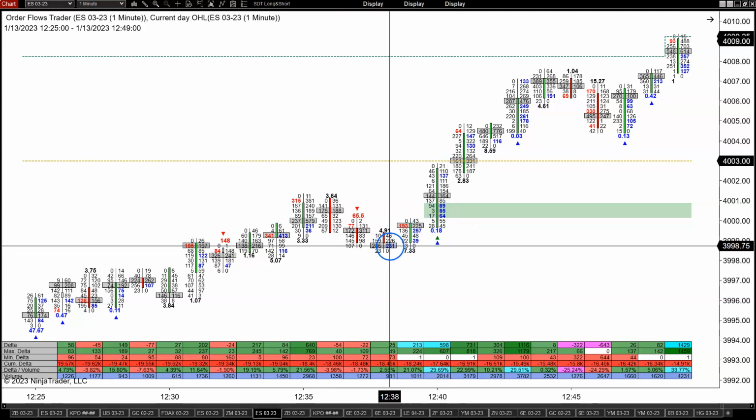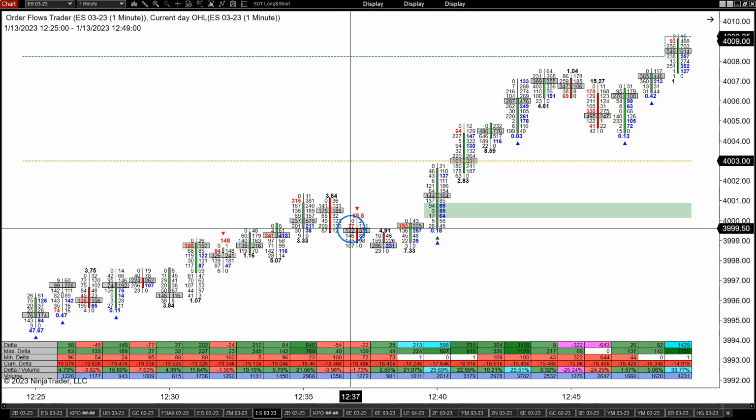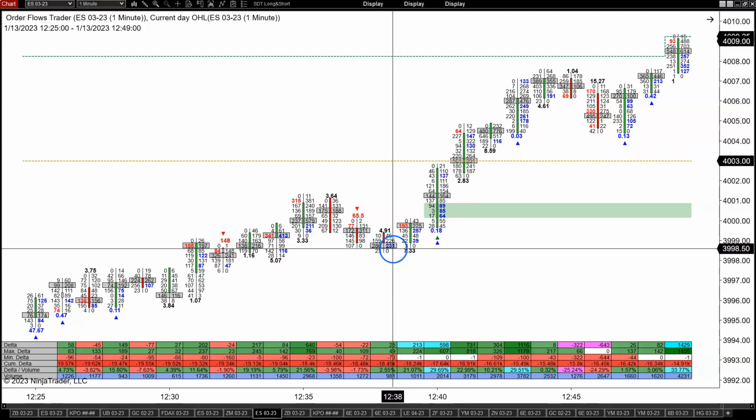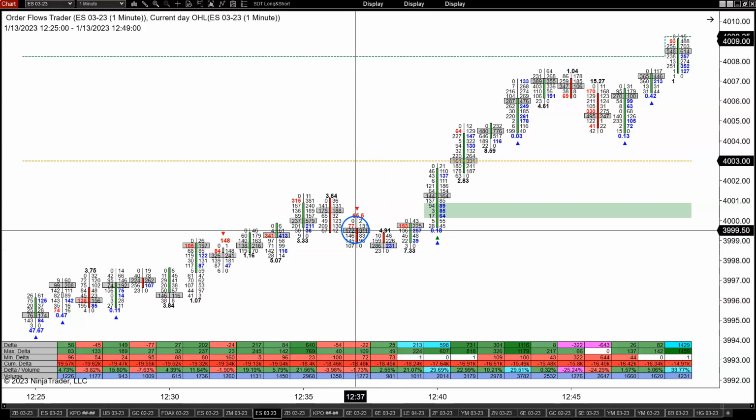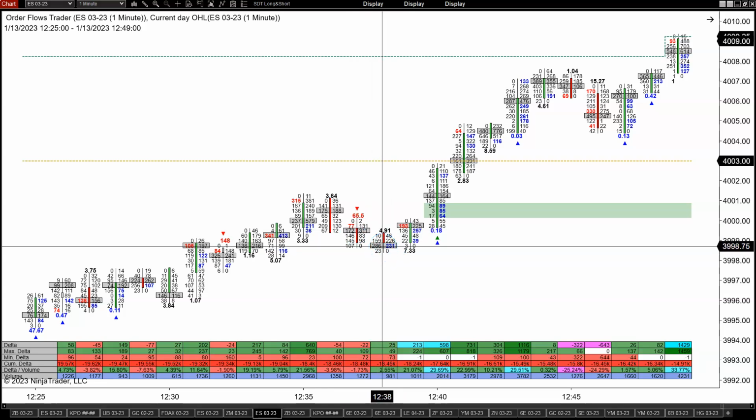And you'll see bars have selling imbalances, right? The red numbers in the footprint and the blue numbers in the footprint. The red number is a selling imbalance. The blue number is a buying imbalance. And with order flow, we have what we call stacked imbalances, when you have three or more imbalances stacked neatly on top of each other. It's a very visual reference.